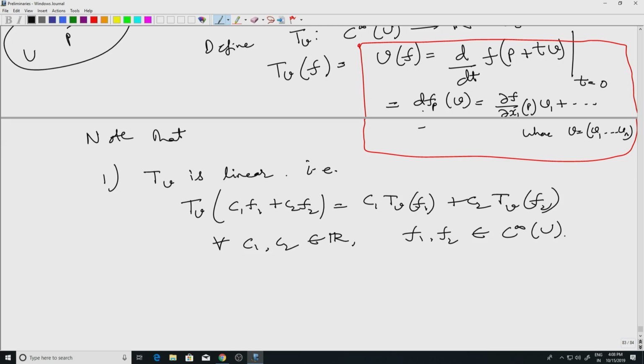So T_V is linear. The second crucial thing is that T_V satisfies the Leibniz rule. So what does this mean?